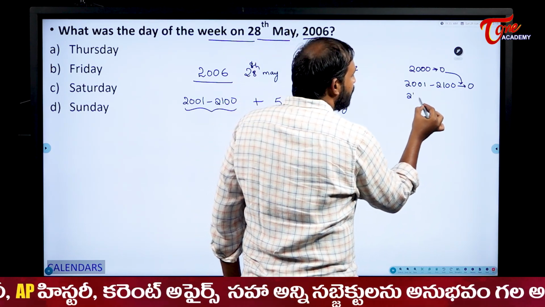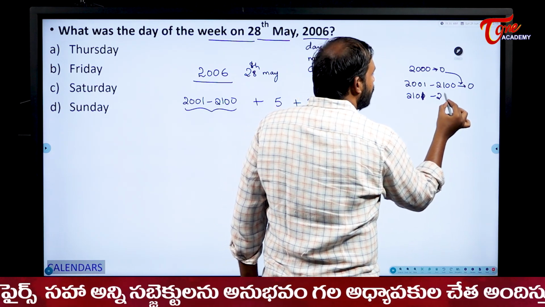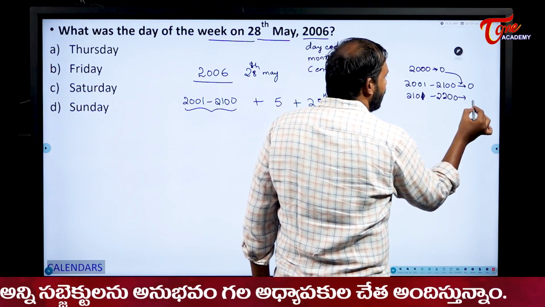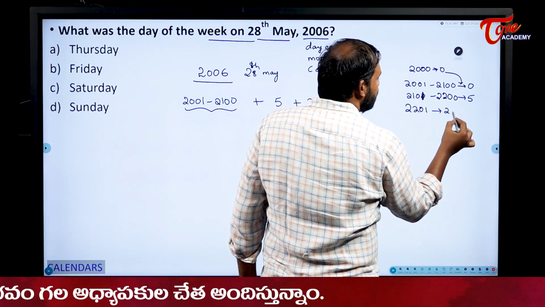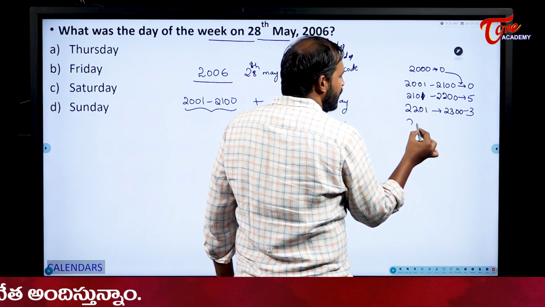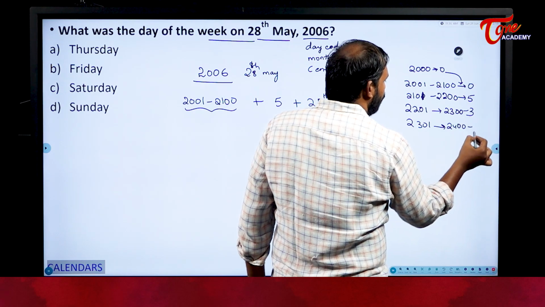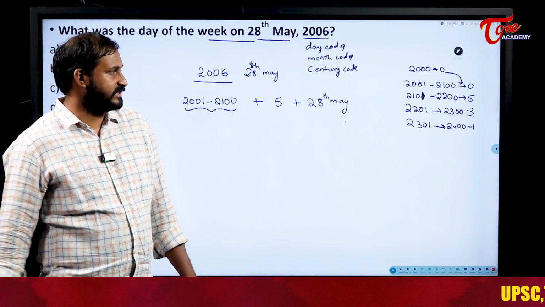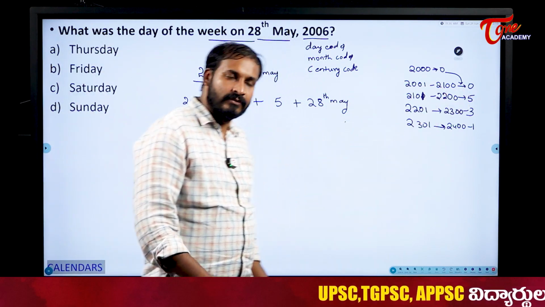Next, 2101 to 2200, what will be the code? 5. Next, 2201 to 2300, the code is 3. Next, 2301 to 2400, the code is 1. This is how we discussed in our last session. So this belongs to the 21st century, and the 21st century code is 0.